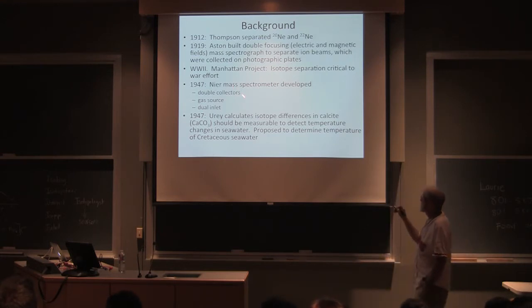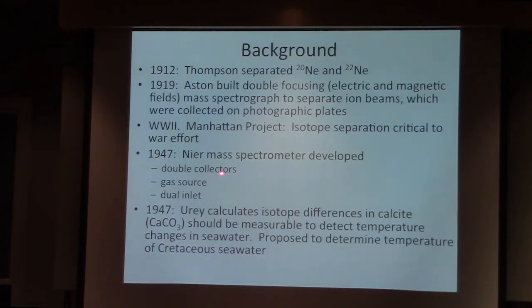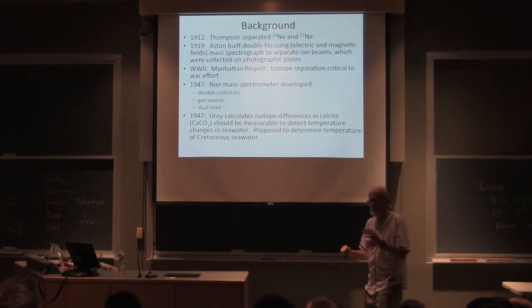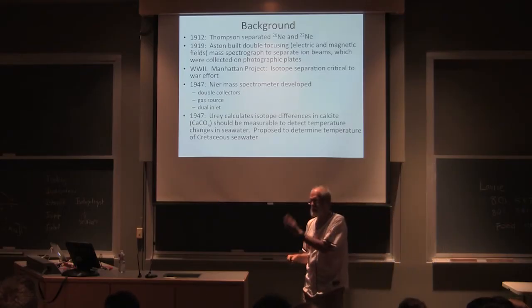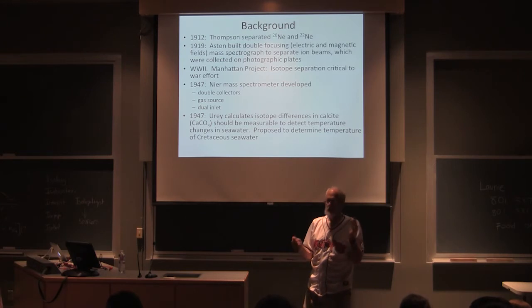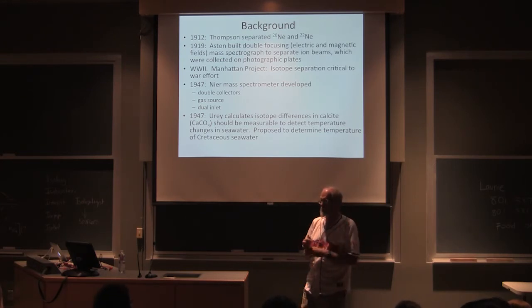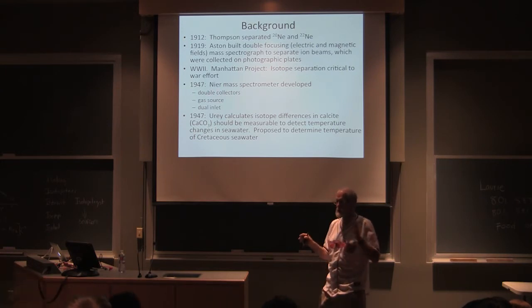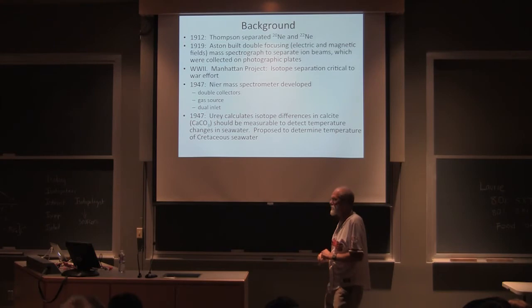What was important, it had what he called double collectors instead of a single collector, had a gas source, and had a dual inlet. And the dual inlet allowed us to analyze our standard, reference, standard, reference, standard, reference. So we could measure these isotope ratios in both of them extremely accurately. And that was what the double collector was for. Okay, so we could measure these ratios really accurately.